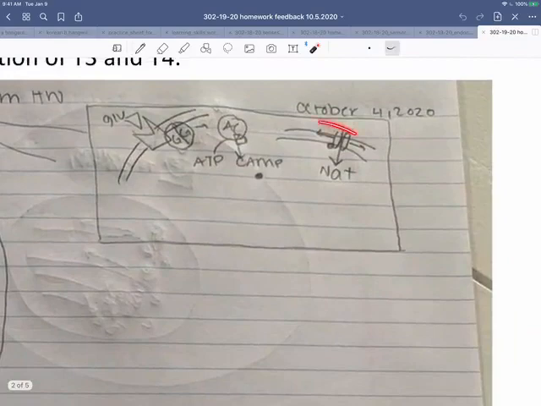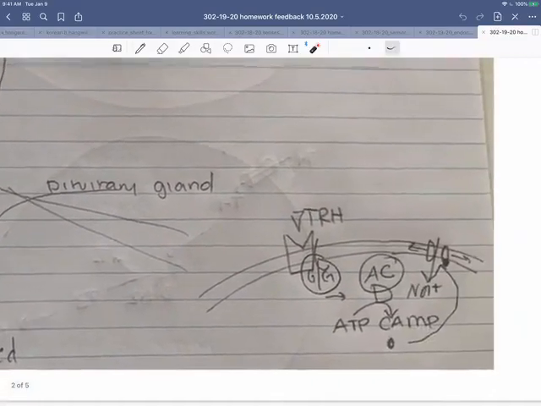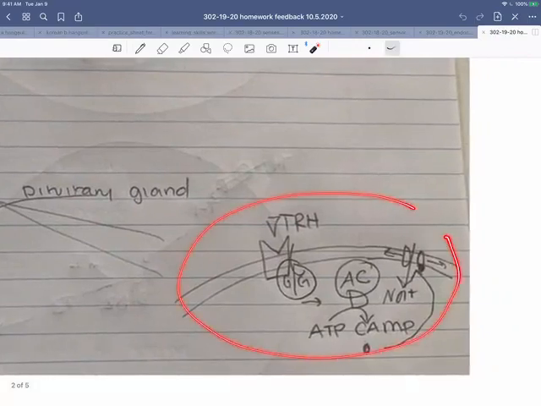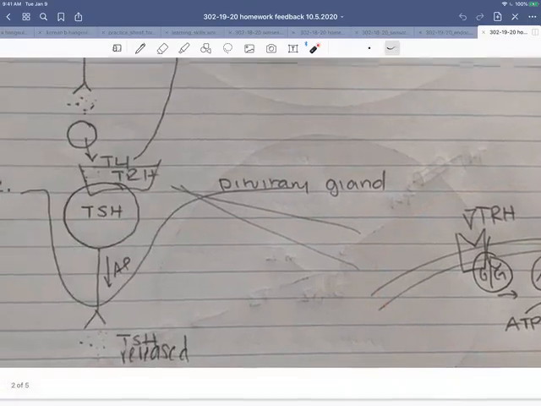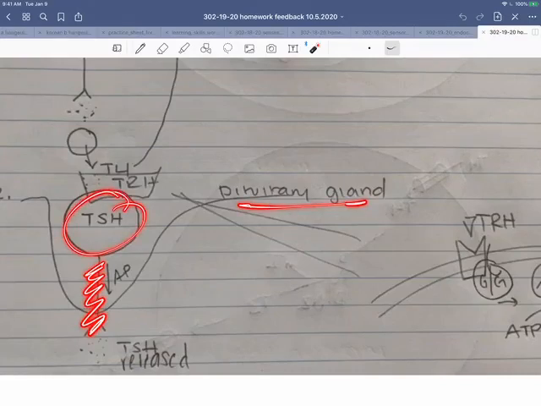And again, this could be a metabotropic receptor up here and causing an action potential. Here it is, TRH binding, opening a sodium channel, causing an action potential, which results in TSH released from the TSH cell. This should not be a neuron. These are in the pituitary gland. They're not neurons. They're just secretory cells.